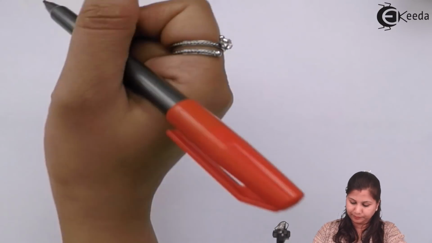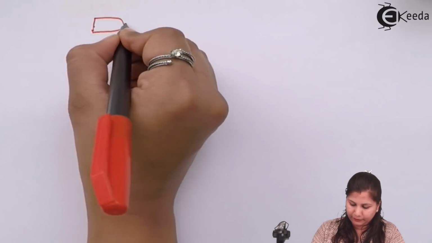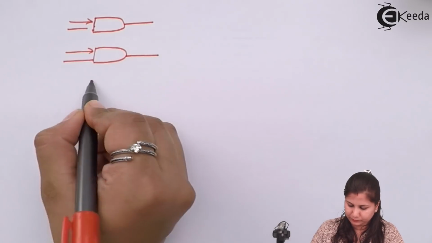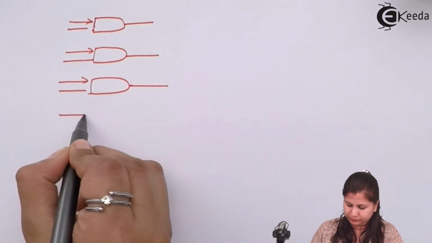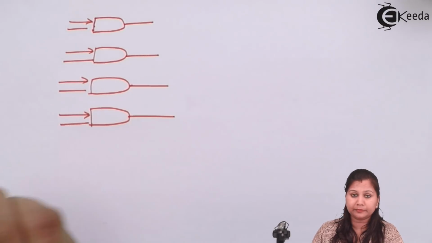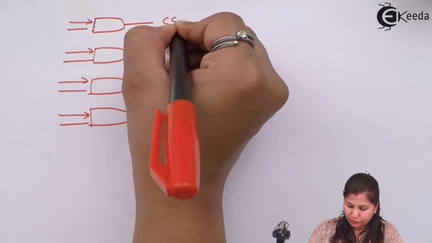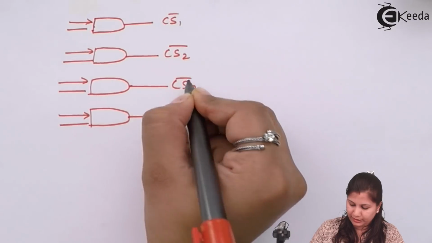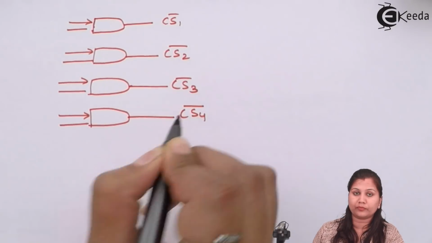So if we form the chip select signals, we will use 2 AND gates here. This is for chip select 1, chip select 2, chip select 3 and chip select 4.